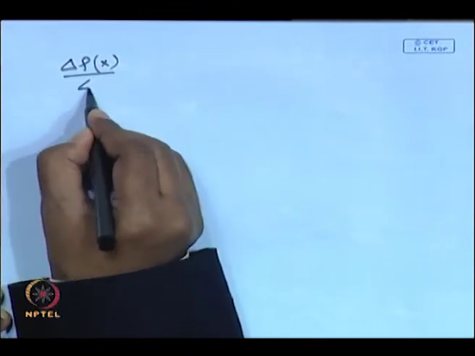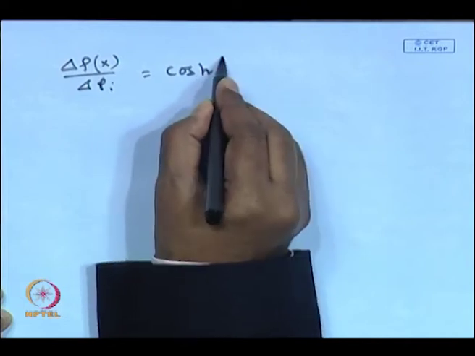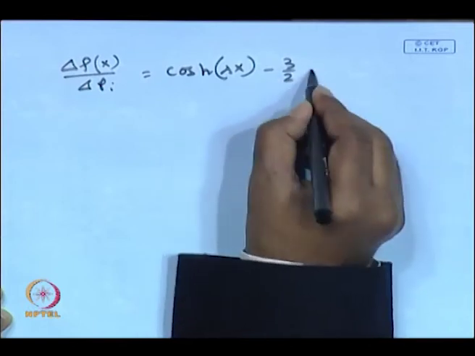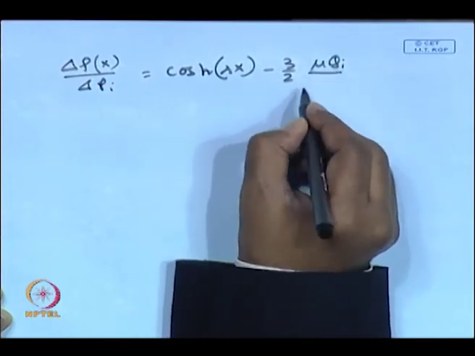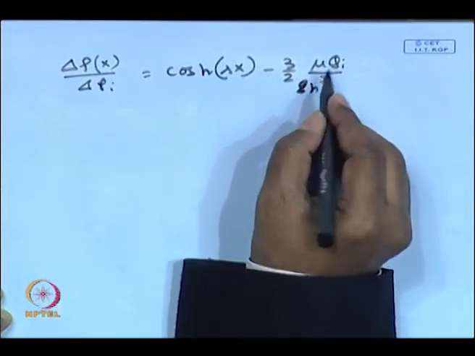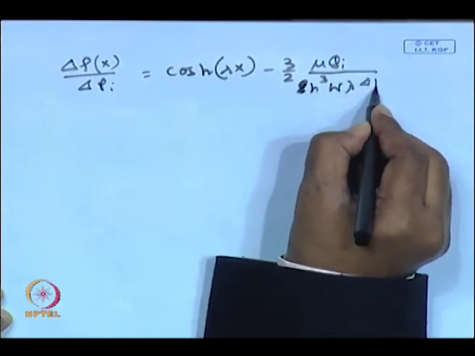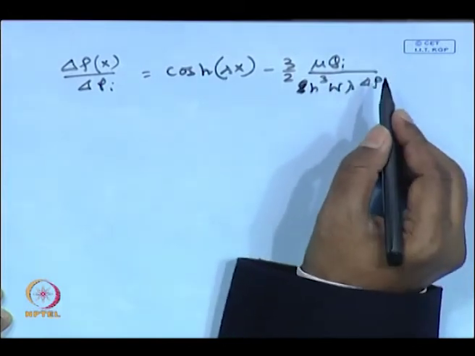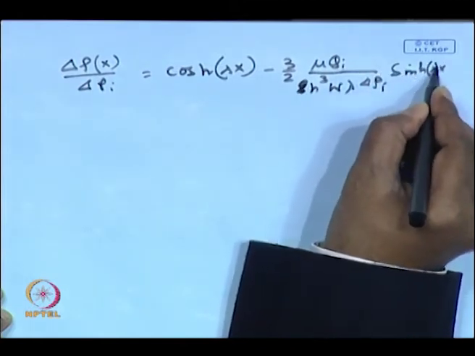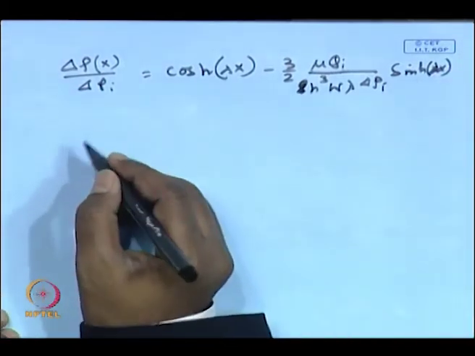divided by delta p I is nothing but cos h lambda x minus 3 mu q I divided by 2 h cube w lambda, w is the width, divided by delta p I, delta p I means at the inlet, sin h lambda x.